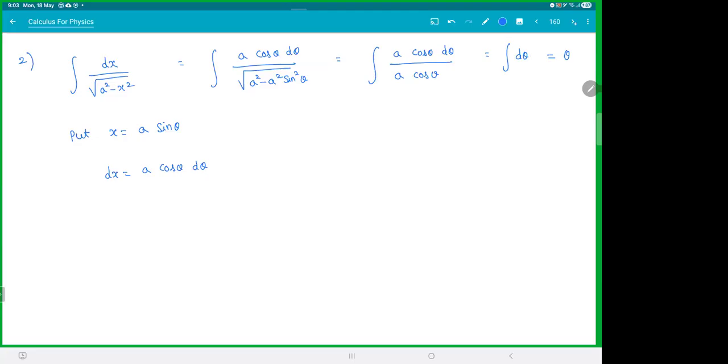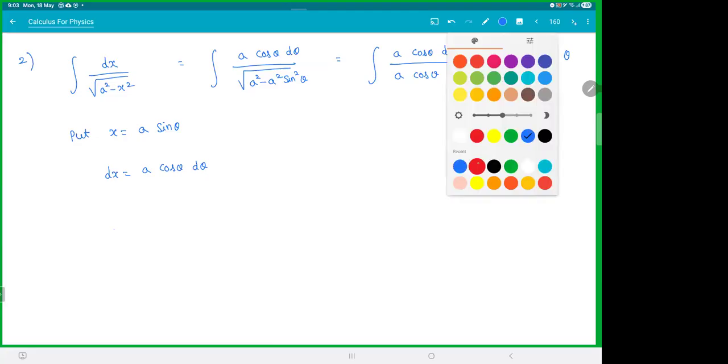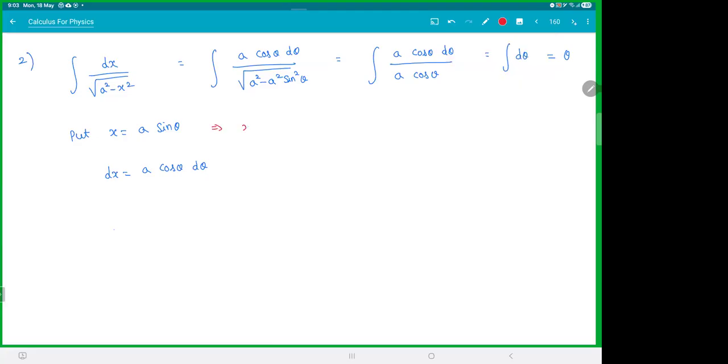We can clearly see sine theta is equal to x by a. Theta is sine inverse x by a. So if you replace that, we get integral dx by root over a square minus x square is sine inverse x by a, plus constant because I'm not putting any limits here.